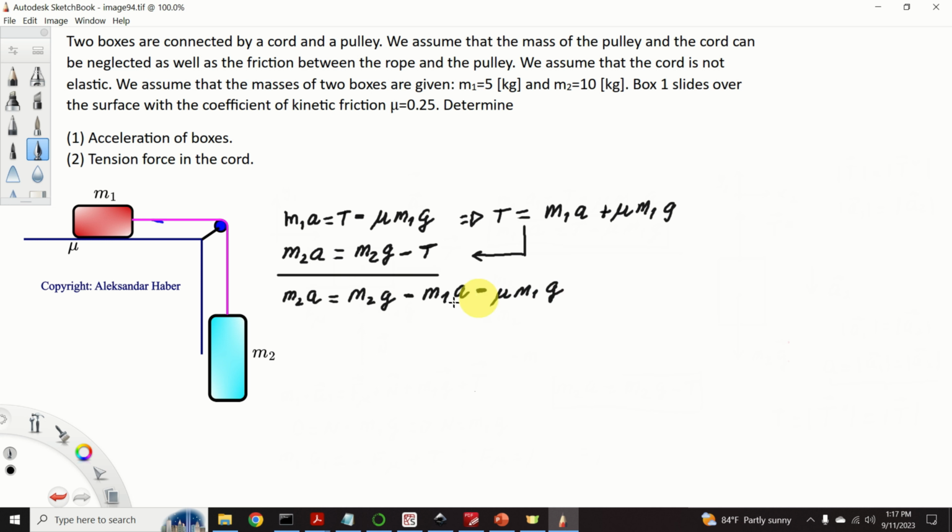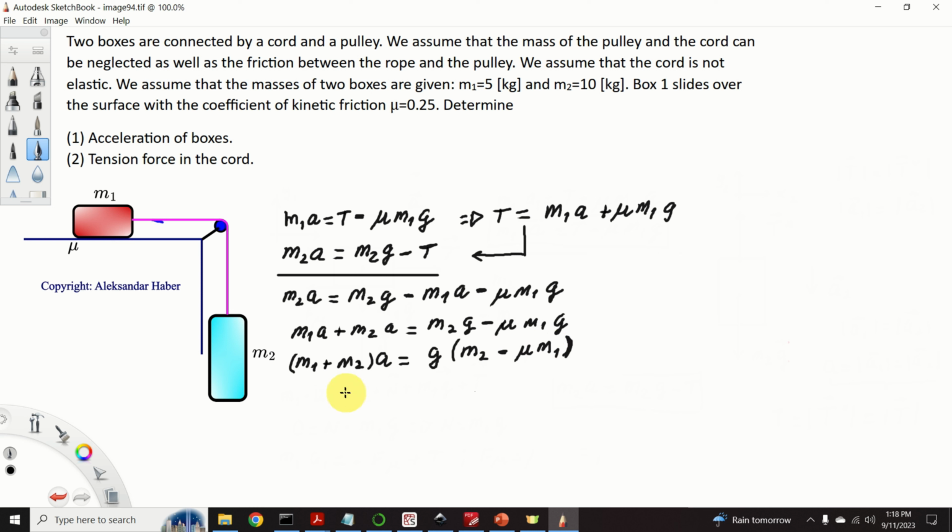Let us analyze this expression. We have m1a here and we have m2a here. Consequently, we can write m1a by moving this part on the left-hand side plus m2a is actually equal to m2g minus mu m1g. Then we can write m1 plus m2 multiplying a is equal to, let's see, we can take g out, and inside we have m2 minus mu m1.